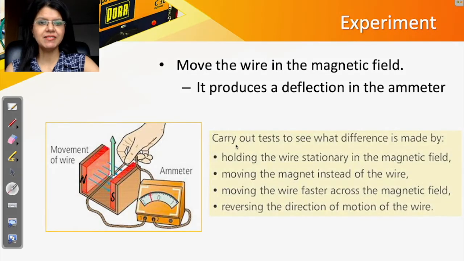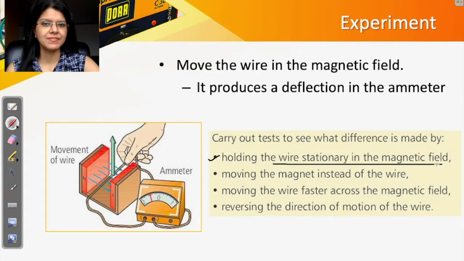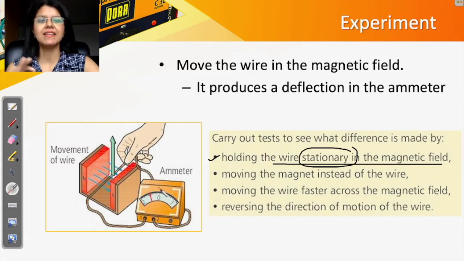You can carry out this test to see what difference is made, right? You can carry out this experiment in the following 4 ways. You hold the wire stationary in the magnetic field. You do not move the wire. What you'll see? That the ammeter reading will be stuck to 0. The ammeter will show 0 current.